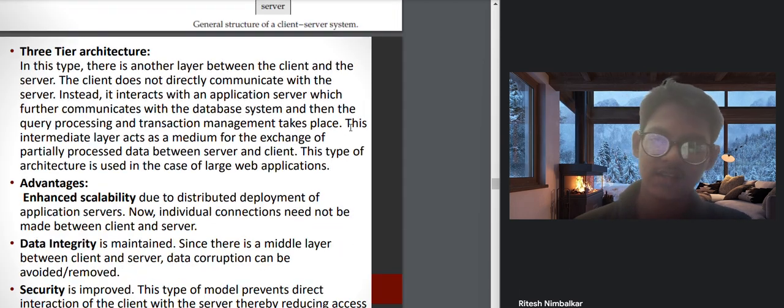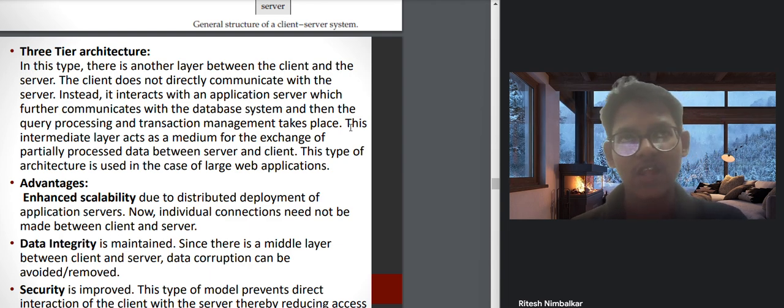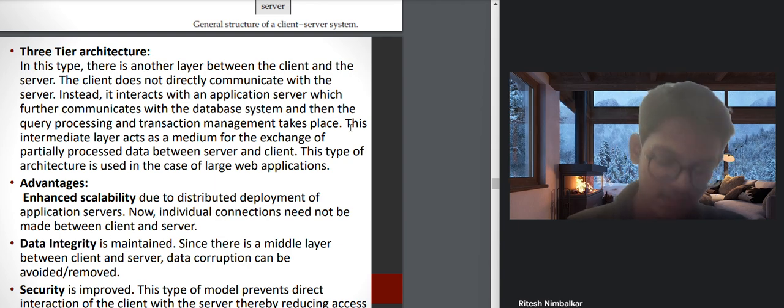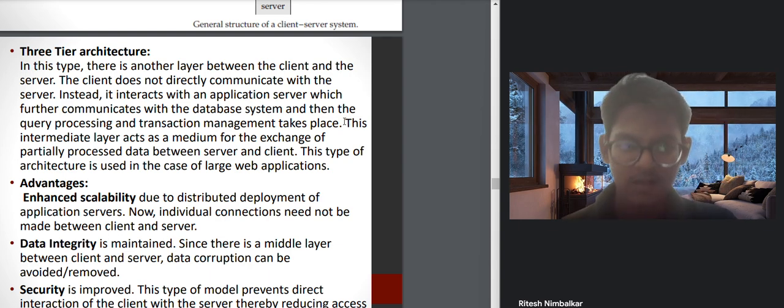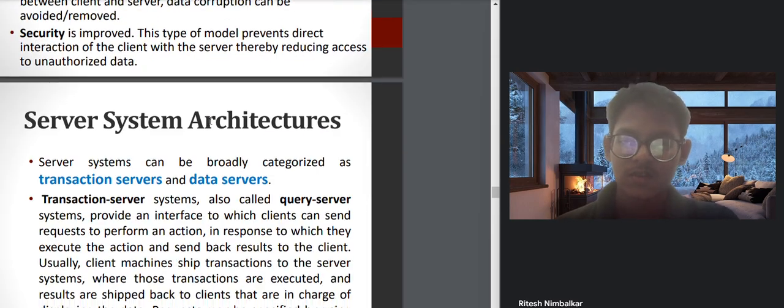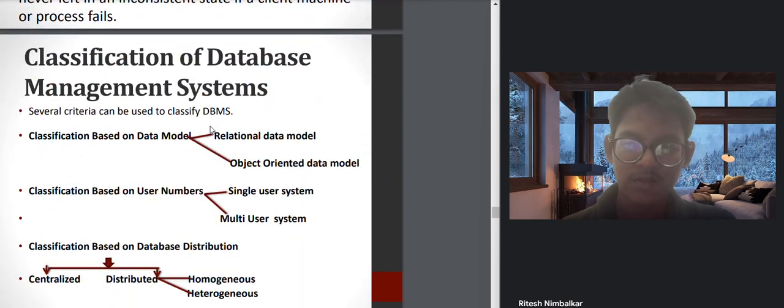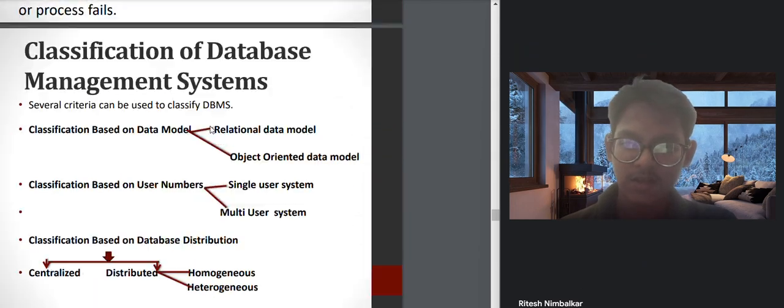Three-tier architecture has another layer between the client and server; the client cannot communicate directly with the server. Instead, it goes through an application that maintains the communication between the server and the user, in order to check security and other purposes. So this is the server architecture as follows.